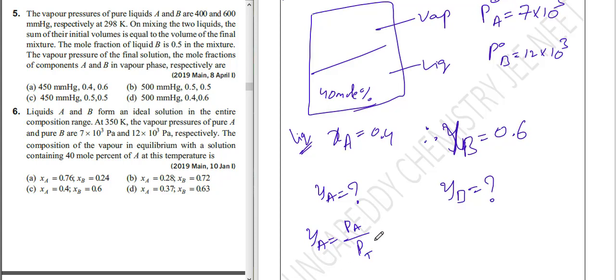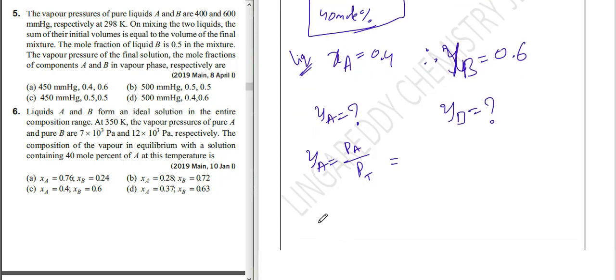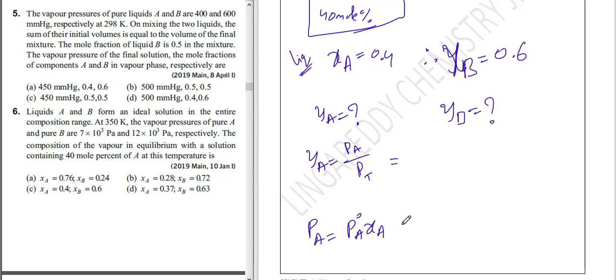First we need to calculate PA and P total. PA equals P naught A into XA. P naught A is 7 into 10 power 3, into XA, which is 0.4.